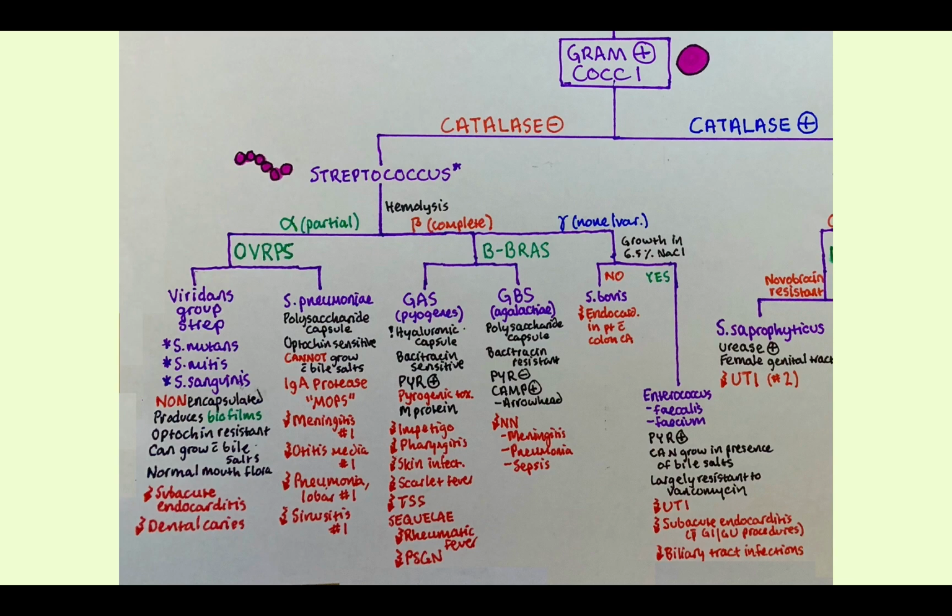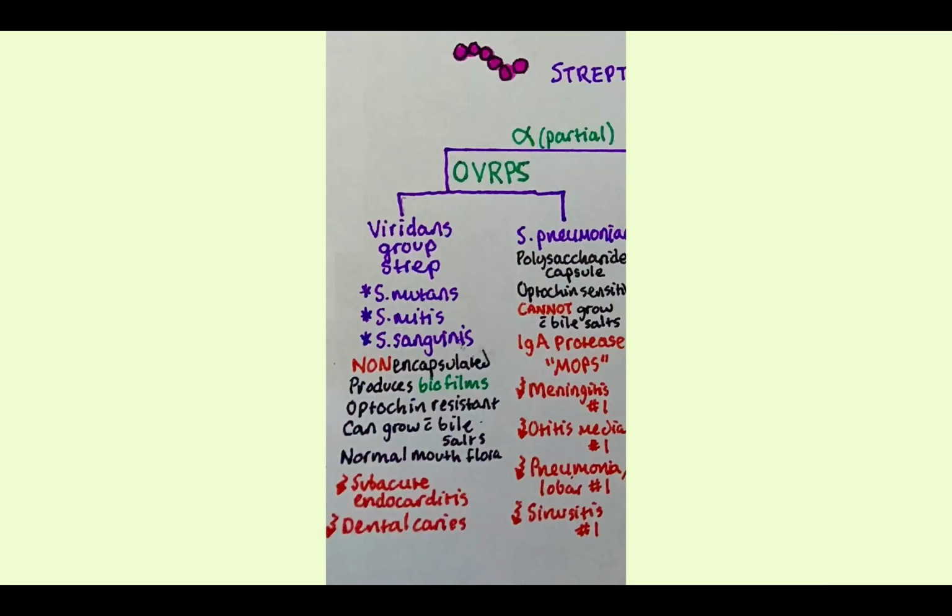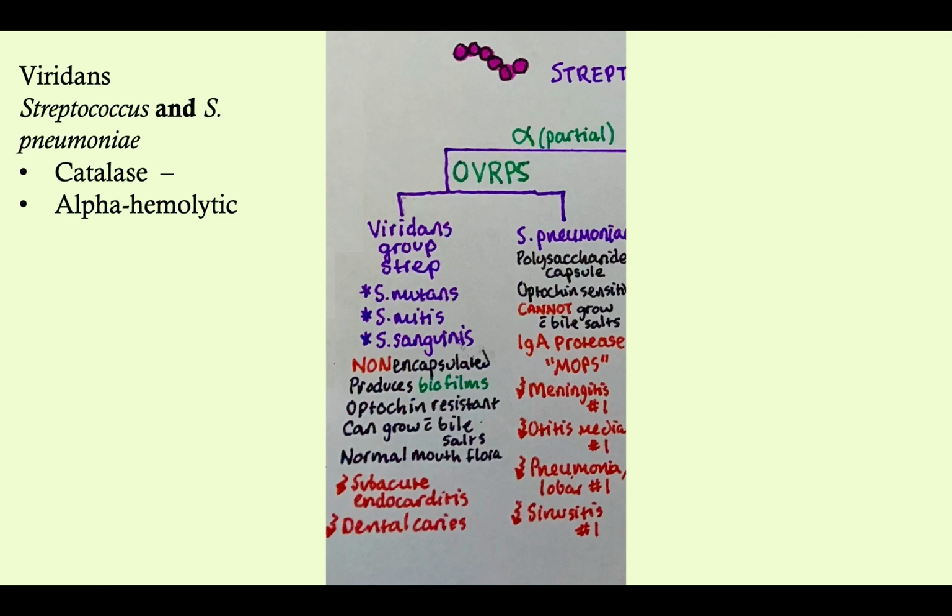So even without knowing the catalase test, you should know the arrangement. So all streptococci form chains, or at least pairs. We're going to be talking about alpha-hemolytic, and that is Viridans group strep and Strep pneumoniae. All Viridans strep and Strep pneumoniae are catalase negative, like all strep, and they are also alpha-hemolytic. That's the name of this video, alpha-hemolytic strep.